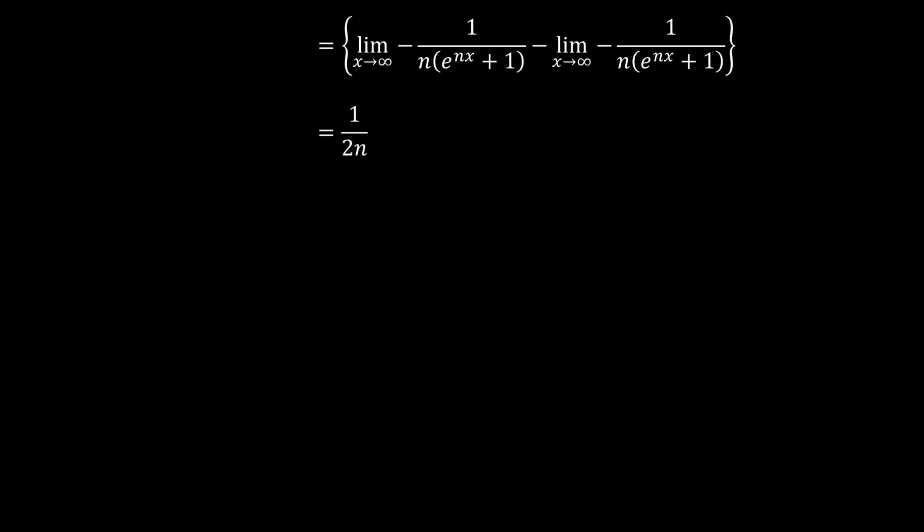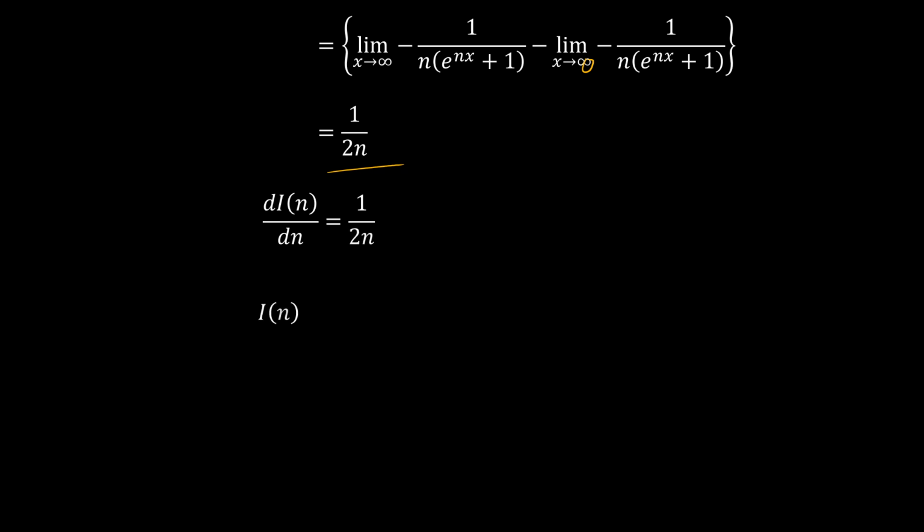So we have a 0 minus negative 1 over 2n, which is now 1 over 2n. So the derivative with respect to n is 1 over 2n.